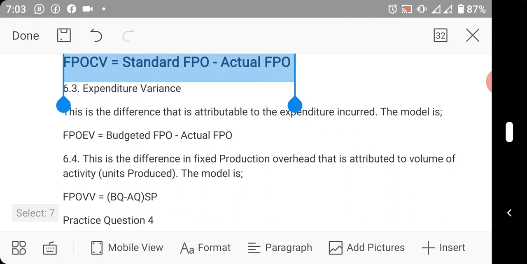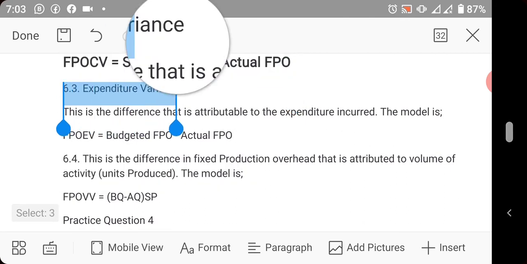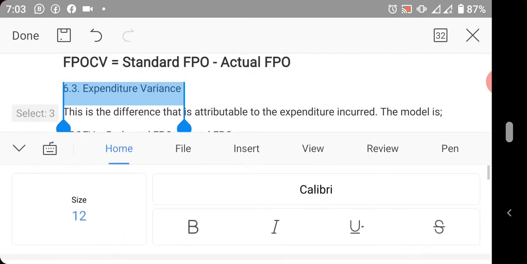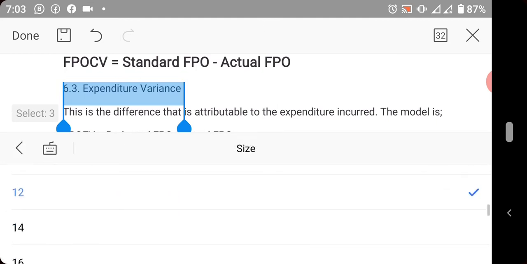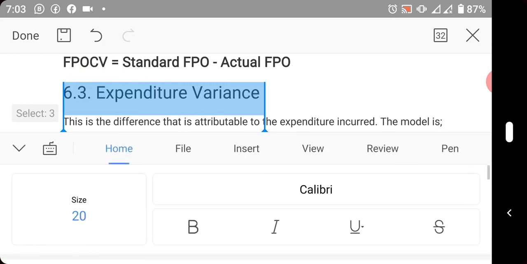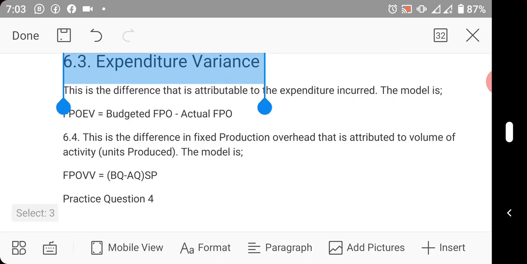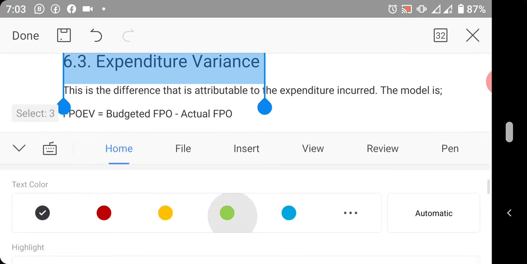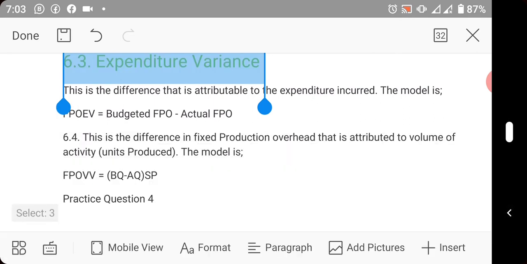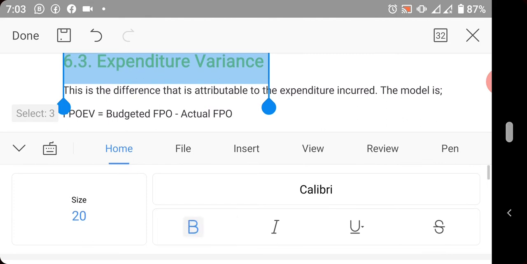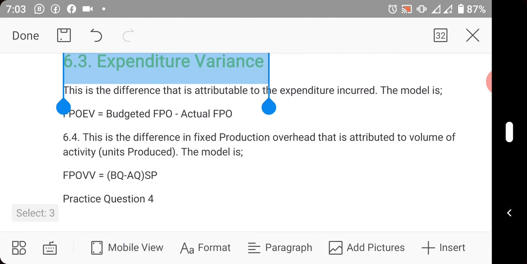Now, for the second one, we'll be looking at expenditure variance. Expenditure variance is the difference that arose as a result of budgeted fixed production overhead and actual fixed production overhead. This is a difference that is attributable to the expenditure incurred.